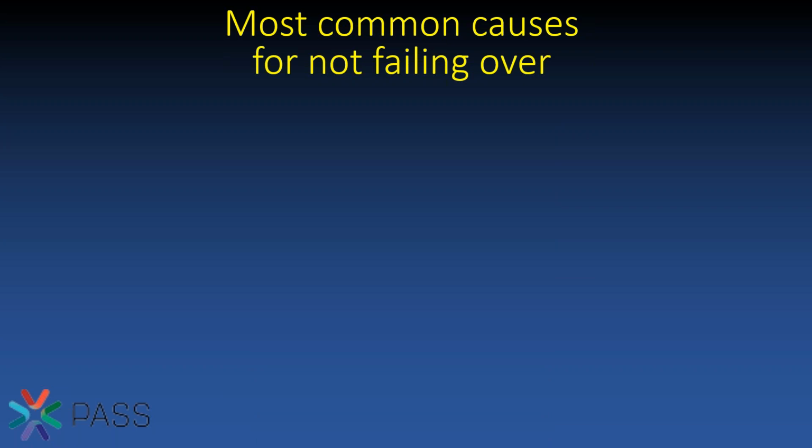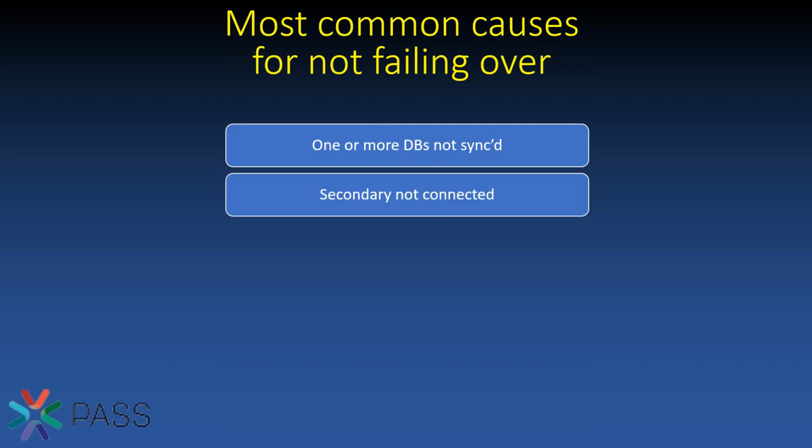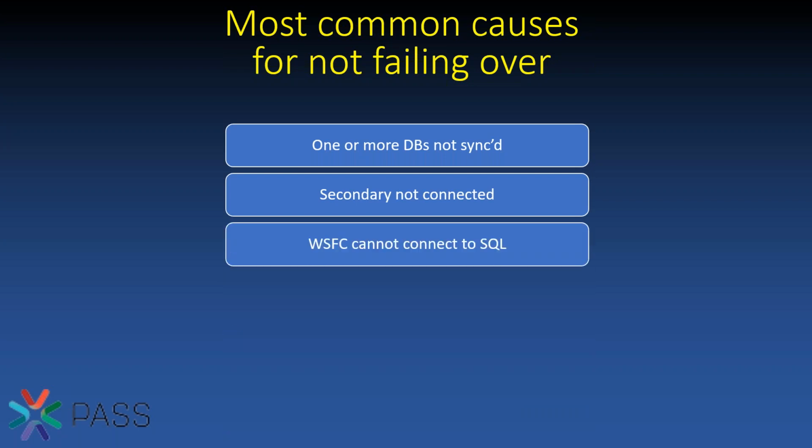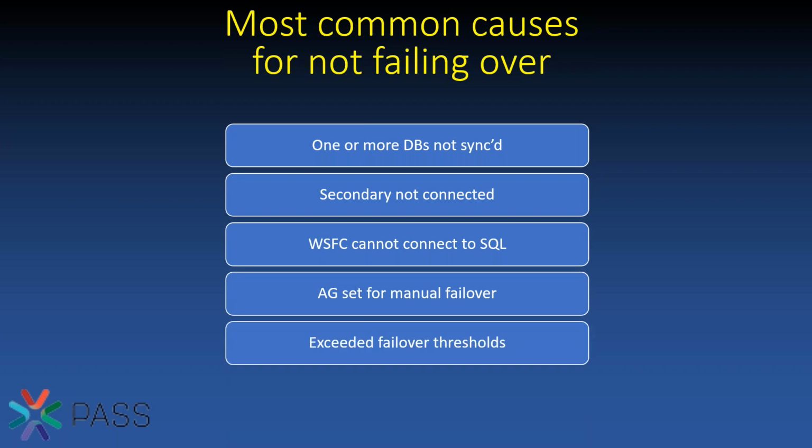Okay, the most common causes for a failover not happening, or basically failure to fail over: one or more of the databases are not synchronized, the secondary is not connected, the OS cluster can't connect to SQL, the availability group is actually set for manual failover, or you have exceeded the failover thresholds in your cluster configuration properties.